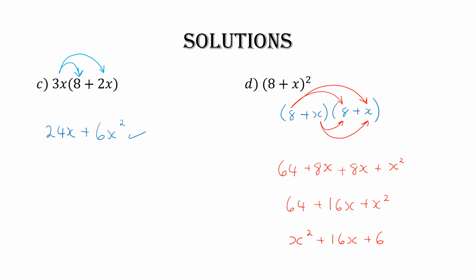You could say this is the same as 64 times x to the 0. So it's like x to the 0, x to the 1, x to the 2. So we're coming down in terms of the degree of the power. And you should know by now that anything raised to the power of 0 is 1. So it's like this one doesn't show up, but it's there.